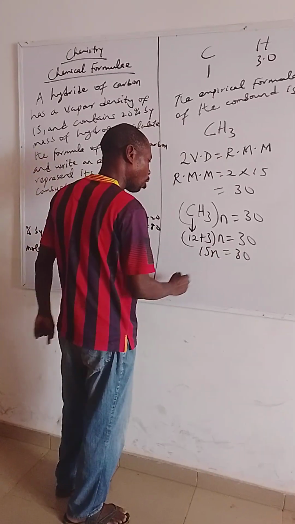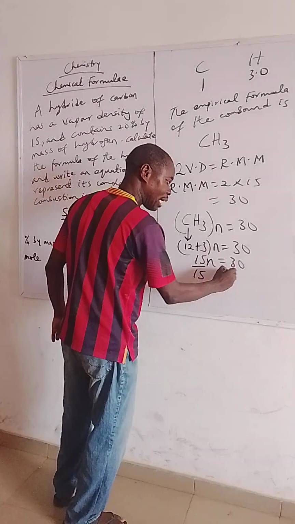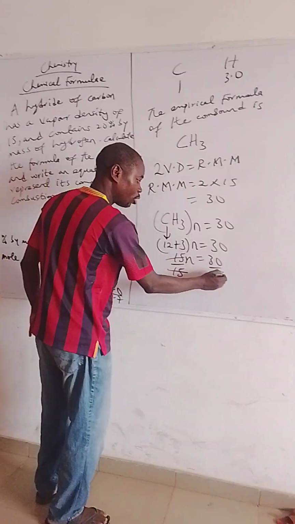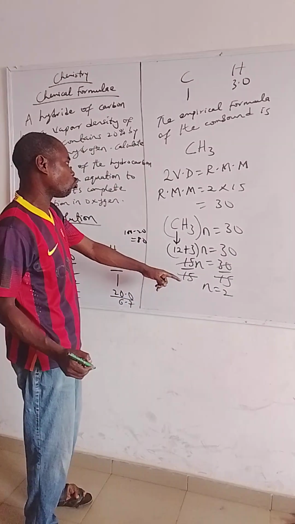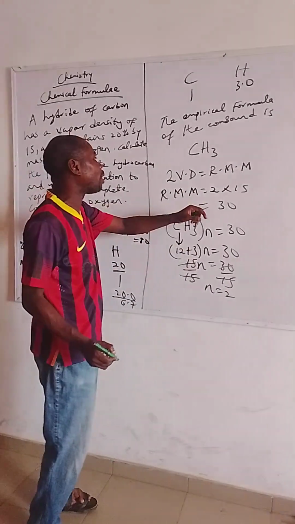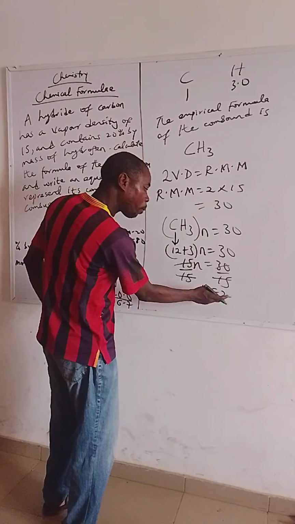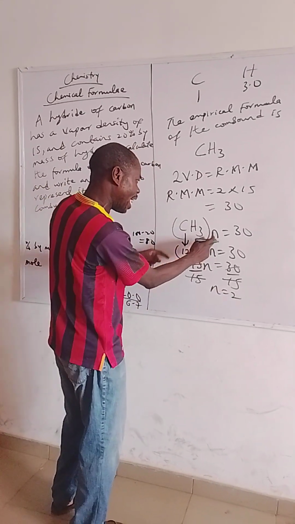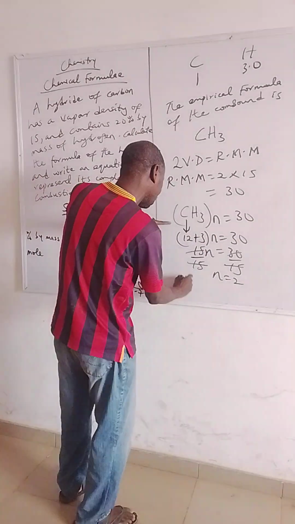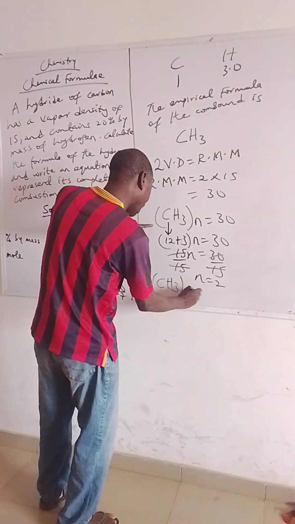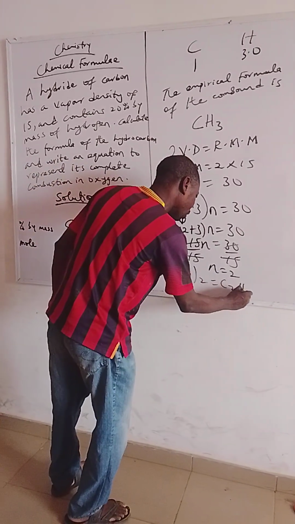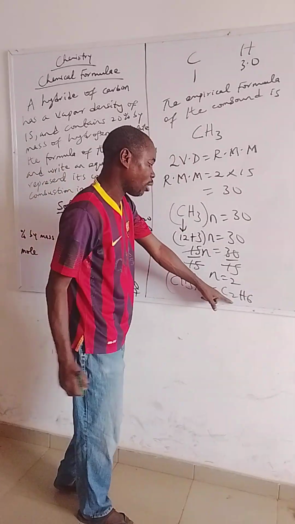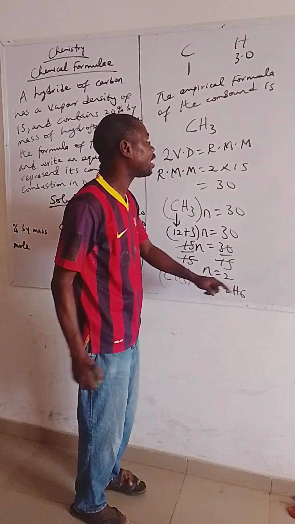If I make N the subject, I will divide both sides by 15. So N is equal to 2. Once my N is known as 2, I can easily determine my molecular formula. So CH3 multiplied by 2. 2 times C is C2, 2 times H3 is H6. So the molecular formula is C2H6.